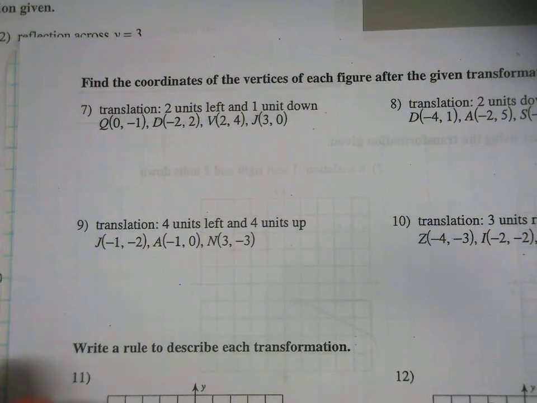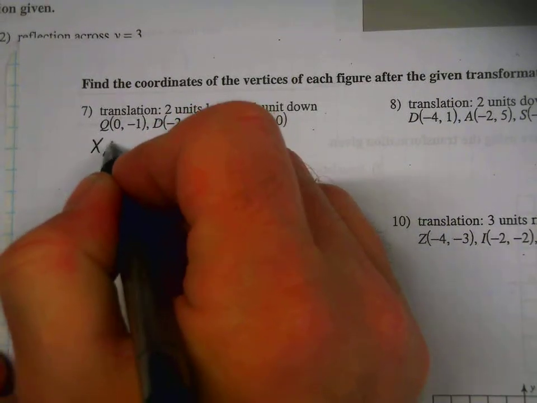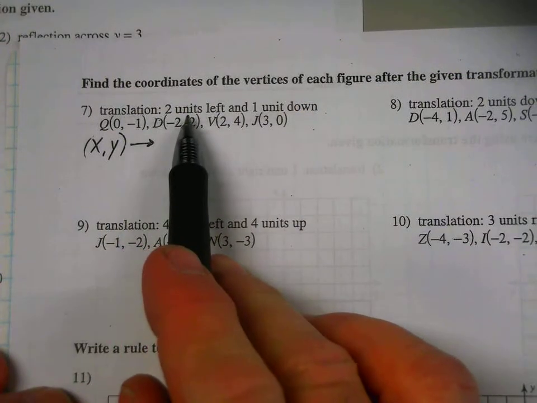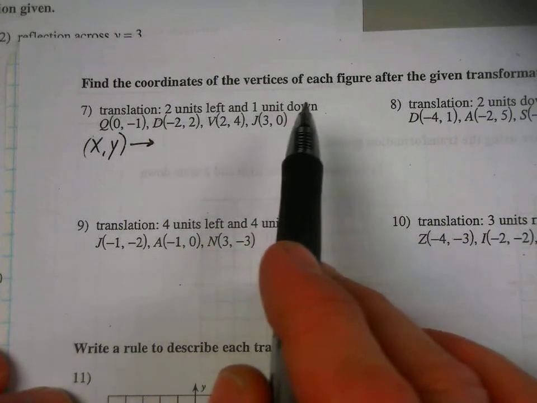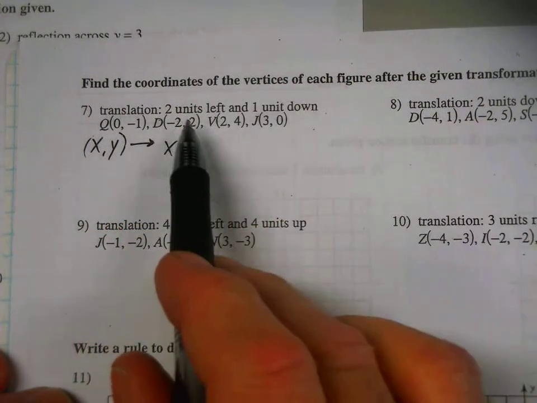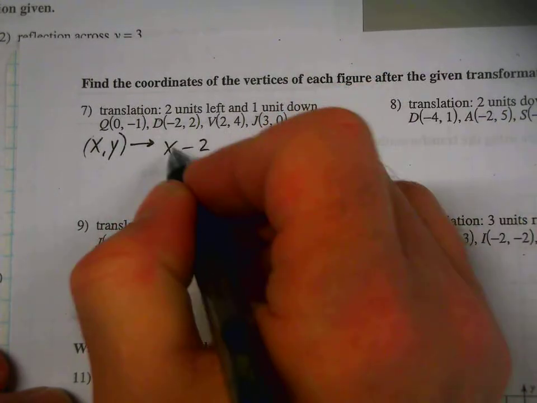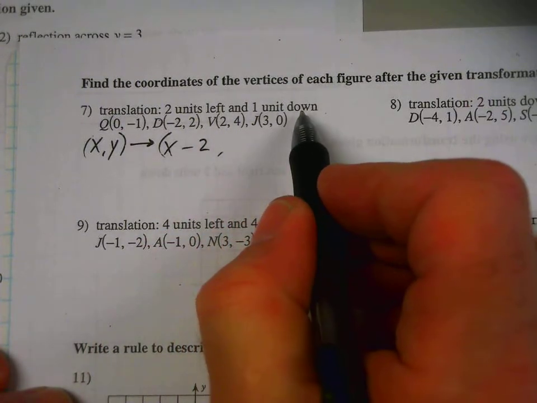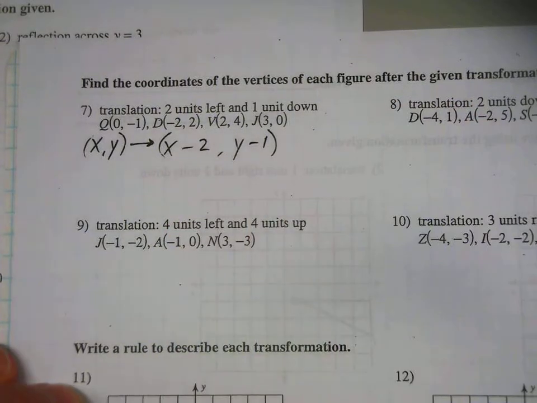However, we do know that if we have an x, y in this case, and we're going to go 2 units to the left and 1 unit down, 2 units to the left means subtract 2 from the x. And 1 unit down means subtract 1 from the y.